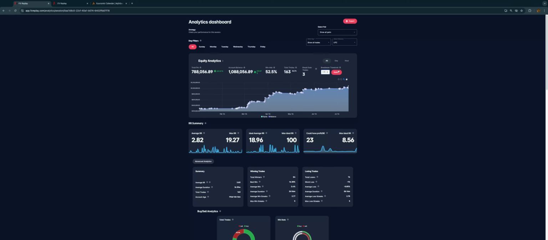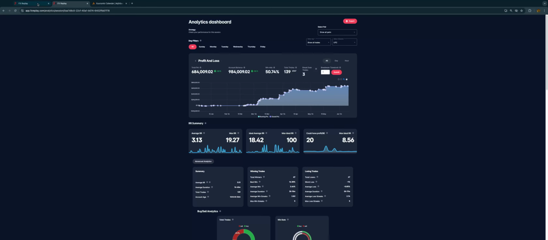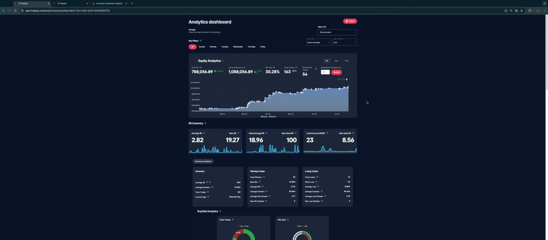That's not bad. 30% win rate, not bad at all. $1 million account, we started with 984,000. 1,008,000, so 1,088. Yeah, so we made about 100 grand in this much time, so like from the 5th to the 16th.